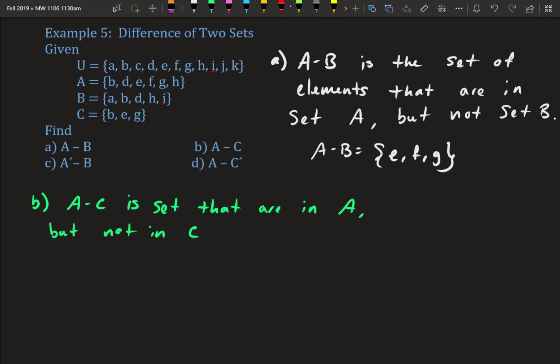Let's start over. I was canceling out the wrong ones. All right, so what they have in common is B, E, and G. What's left over is D, F, and H.